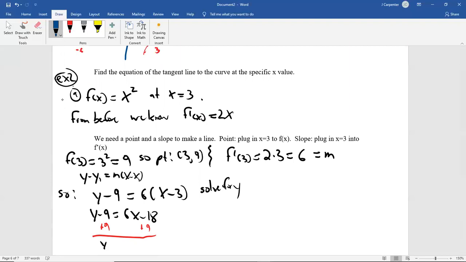Will give us y equals 6x minus 9. Oops, that's a 9. That is the tangent line at x equals 3.